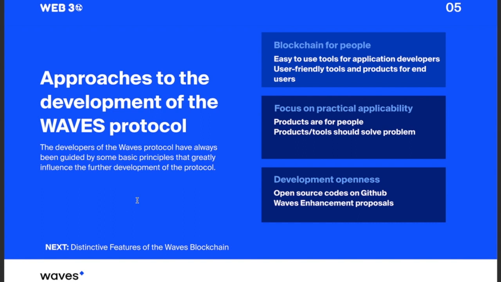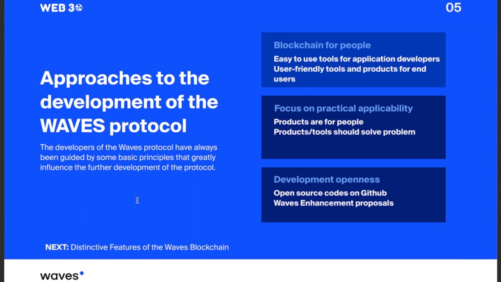So with this initiative, every single tool and product on the Waves blockchain is specifically meant to solve users' problems. That's the core purpose. It should be user friendly, it will solve a problem, and it should be easy to be used for developers.